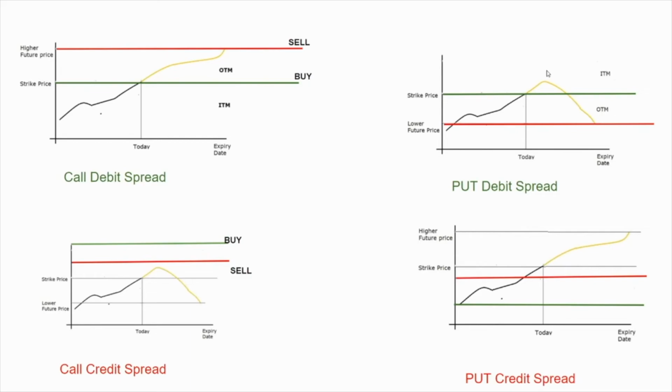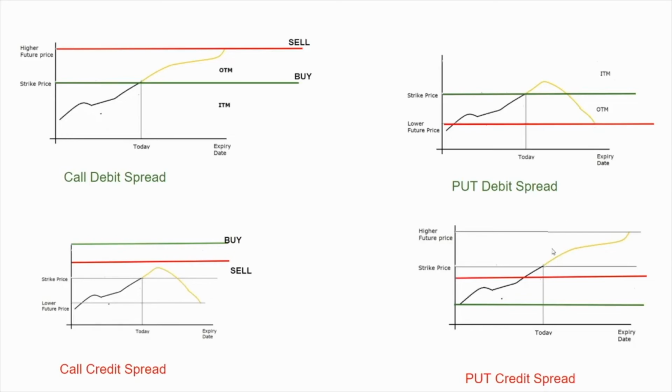On the put side is when you are bearish and you think the price will go down, so you buy one put at the money or close to the money, and then you sell deep out of the money. And if at the expiry date the price of the underlying stock is between the two, then you get to make your profit. Even if it goes beyond this, there's a maximum. You get to make only the maximum at expiry date.